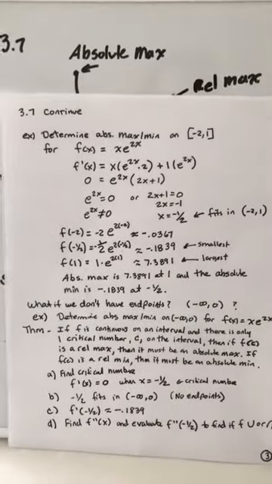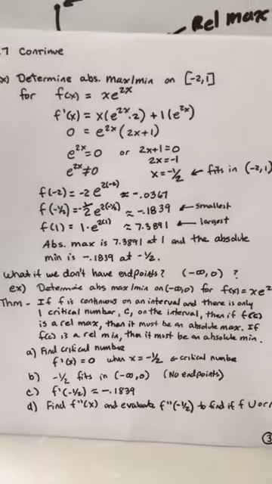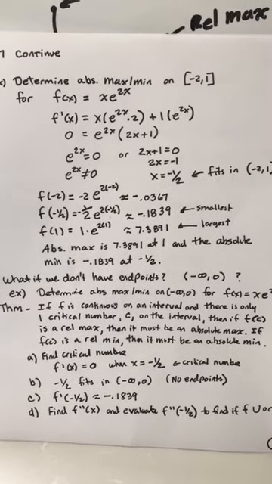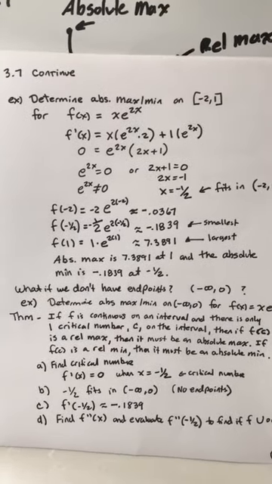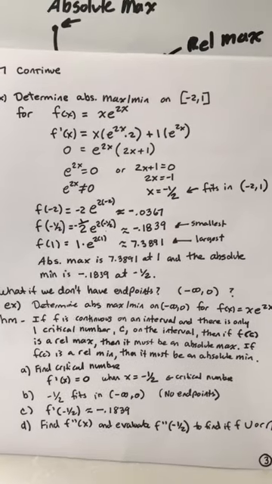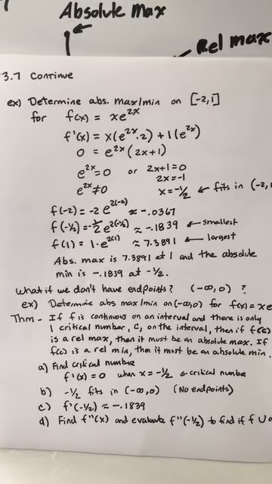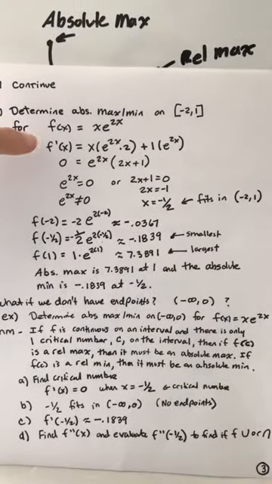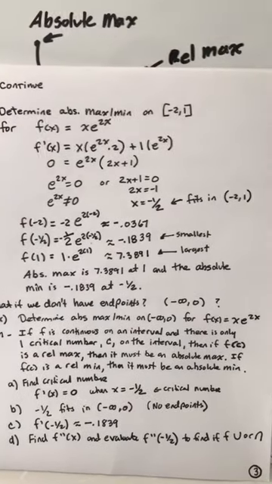Okay, so here we determine the absolute max on the closed interval -2 to 1, where we have the function f of x equals x e to the 2x. We take the derivative, f prime of x, and we use the product rule.